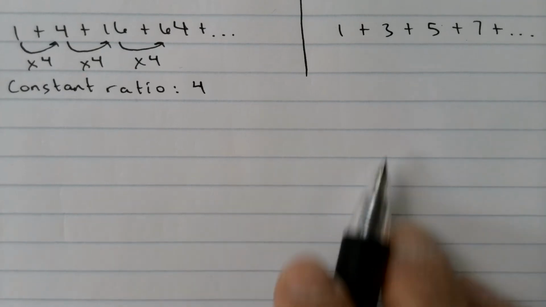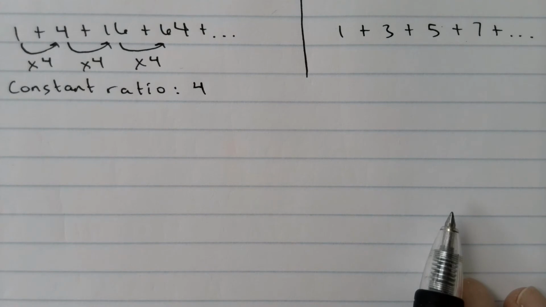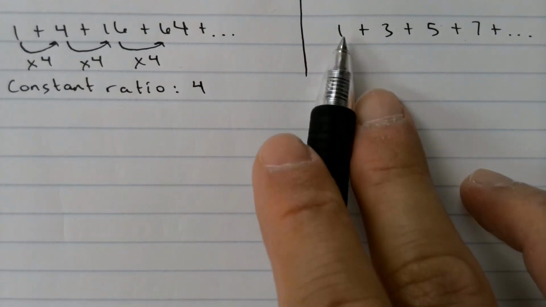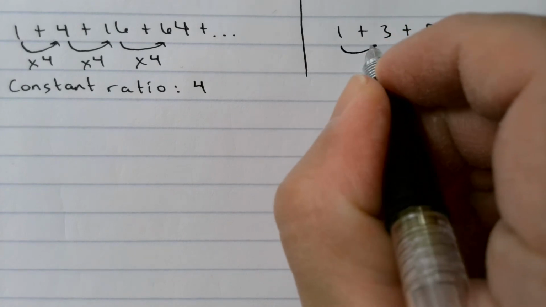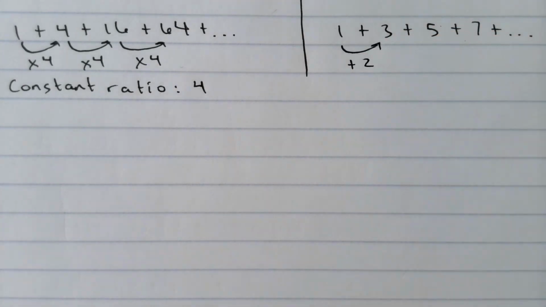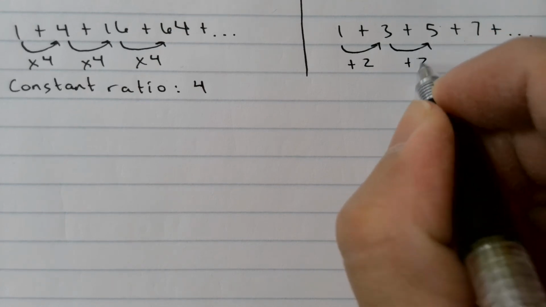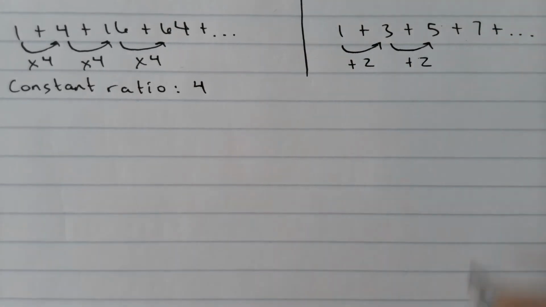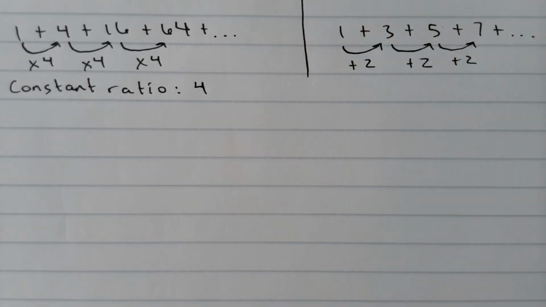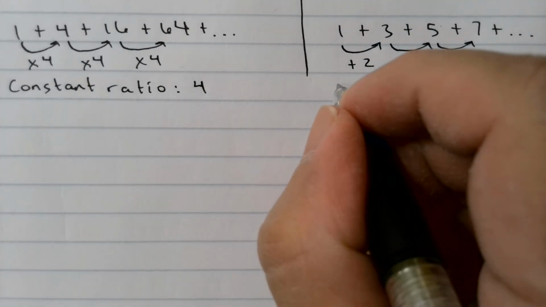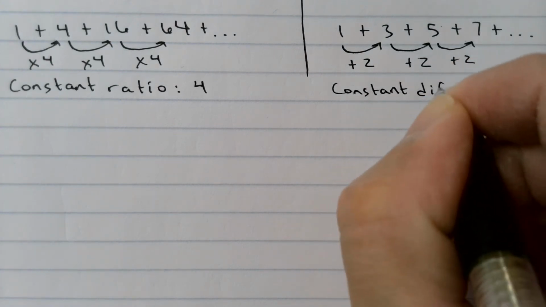All right. Now if I look at the next series here, I can try to see how much it goes up by from one term to the next in the series. Here it seems like it goes up by 2, so by adding 2. Same to go from 3 to 5, and then to go from 5 to 7. Now in that case, this would be a constant difference.